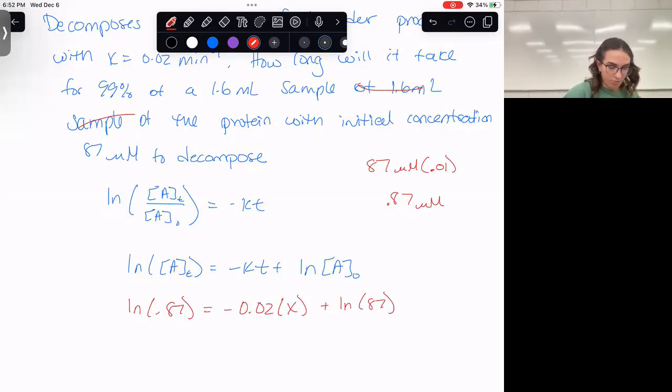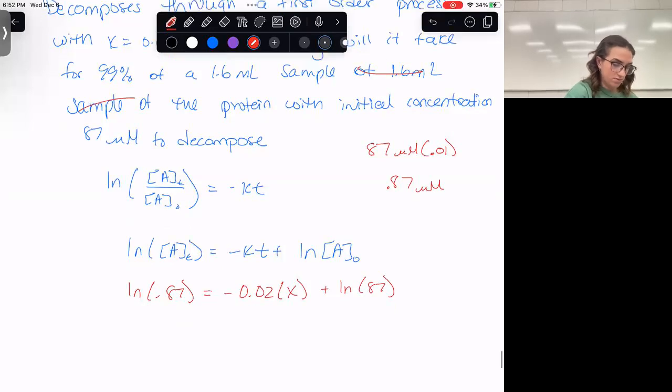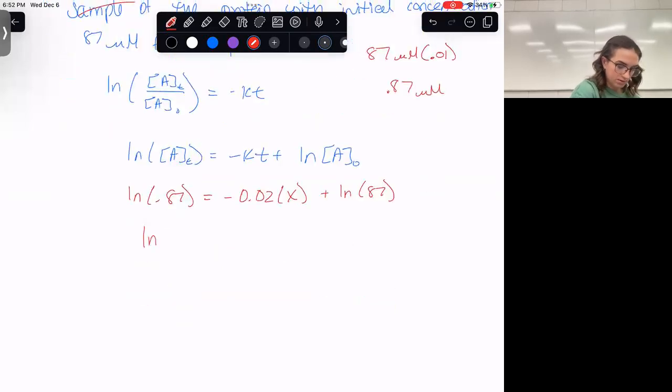So your ln of 0.87 divided by 87 is negative 4.605, which is equal to negative 0.02 times x. And so you get x equal to 230.3 minutes.